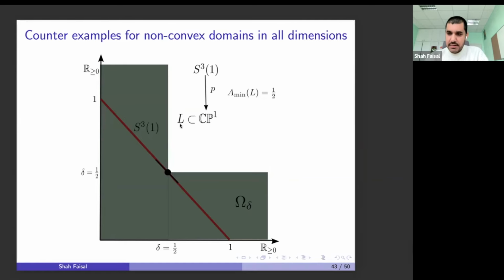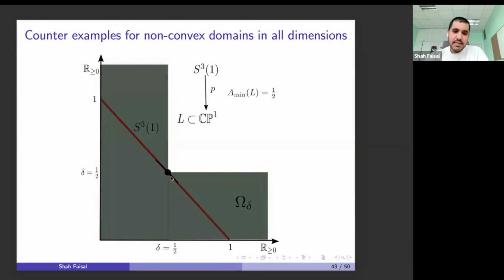Now, if you take L to be the equator, then under this fibration, it lifts to the Kleppert torus. That's precisely this black point. But if I take this loop to be something different from the equator, it would lift to something whose image will just go a little bit above or below.